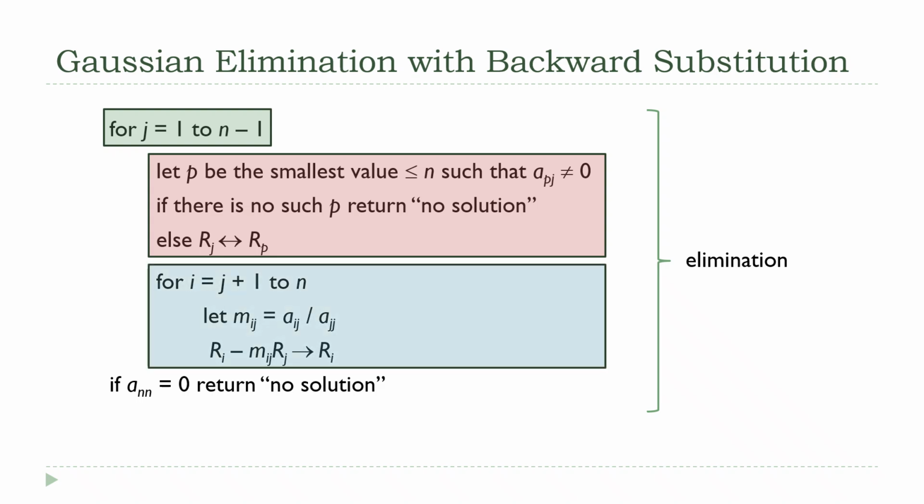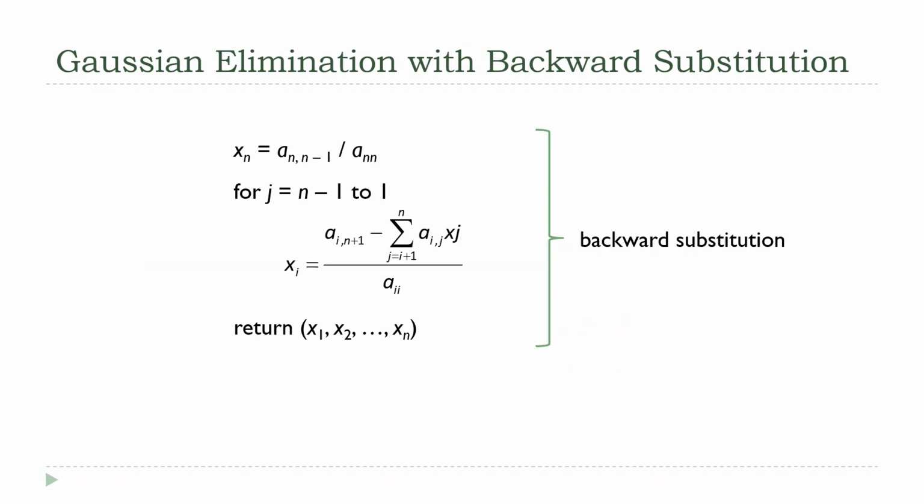The third section moves through all the rows below the main diagonal in the current column, eliminating the values in that current column. And finally, of course, there's the last check here to make sure that that a sub nn value, the last value on the main diagonal, didn't get eliminated at the last minute. Again, that would make the solution indeterminate.